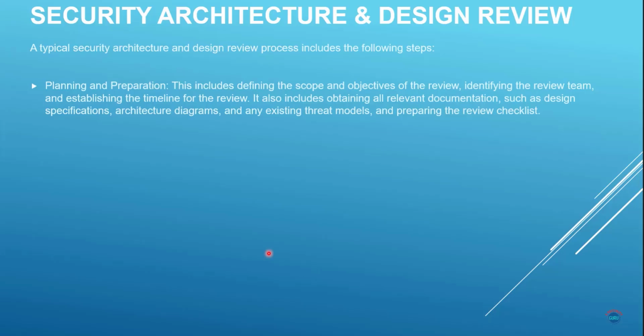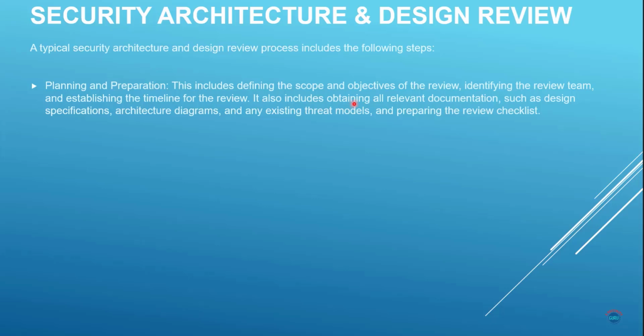The first step is planning and preparation, where the scope and objectives of the review are documented. The security team that is going to perform the security architecture review is identified. The timeline of the process is established and the expectations are set with the stakeholders.